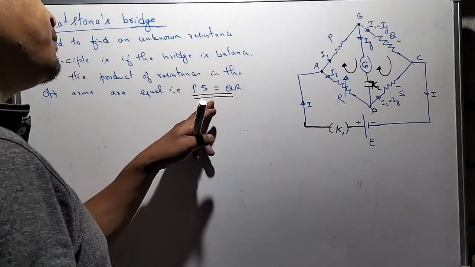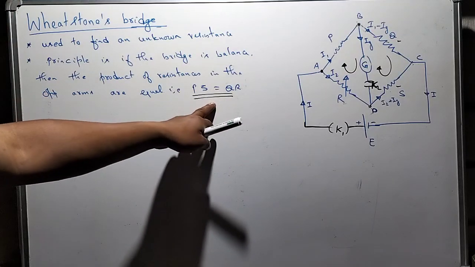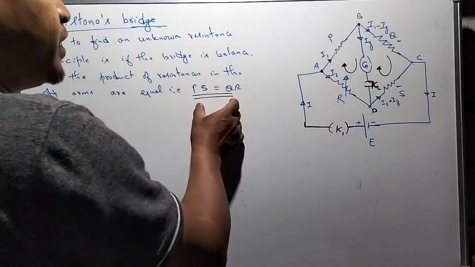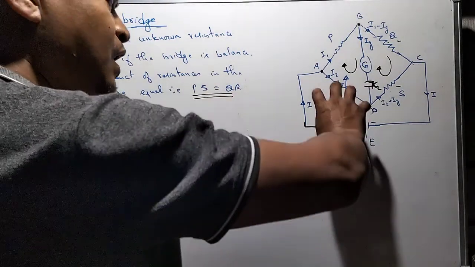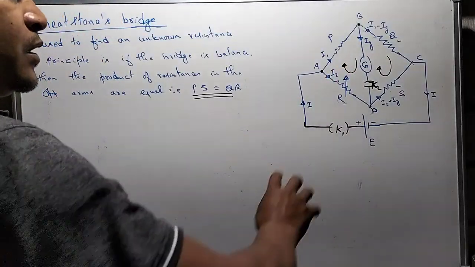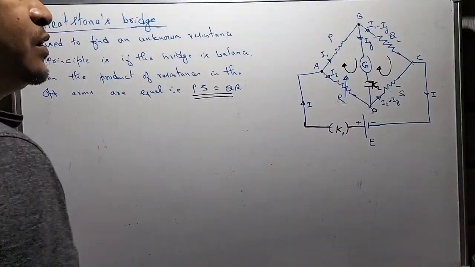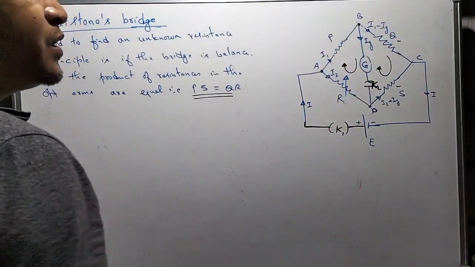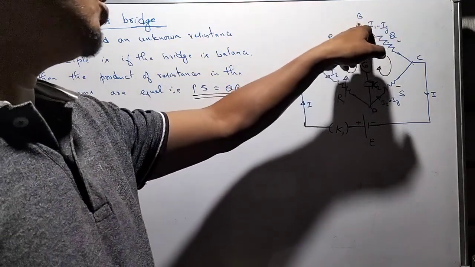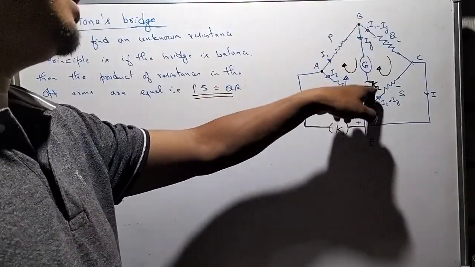Now, in order to obtain this balance condition, in which the products of the resistances in the opposite arms are equal, we have to adjust this resistance capital R till the galvanometer gives zero deflection. So when the galvanometer gives zero deflection, it means that there is no current flowing through this arm BD.